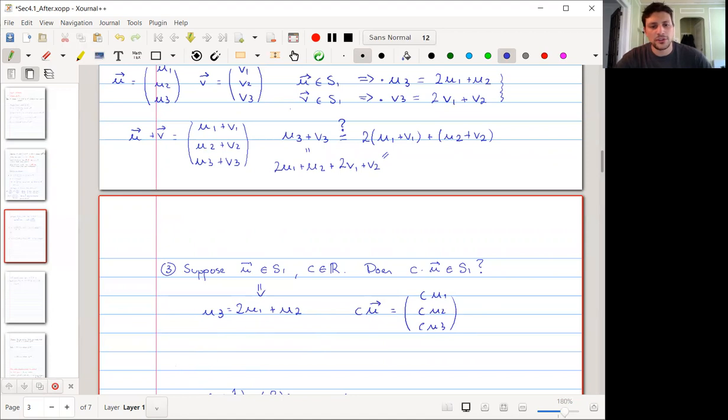Now the question that we want to answer is whether c times u3 is equal to 2cu1 plus cu2. And this is true because this equality is the same as the relation that we have up here. Factoring out a c, we get that this is cu3 equals c times (2u1 plus u2), which is true because u3 is equal to 2u1 plus u2.